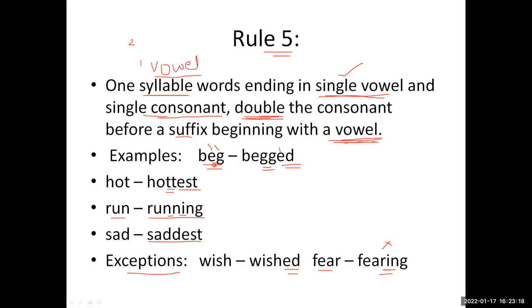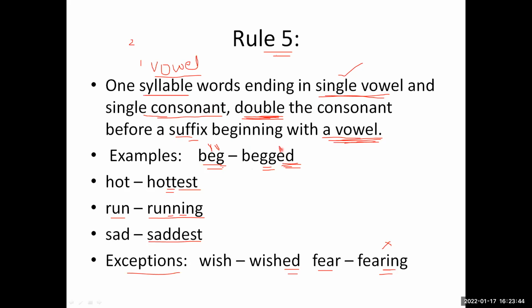Here you can see the word big, it is ending with I and G. So here it is one vowel sound I, one consonant sound G. This time the consonant letter gets doubled, which is the consonant letter G, if the suffix is a vowel sound. Which is the suffix here? Ed is the suffix.